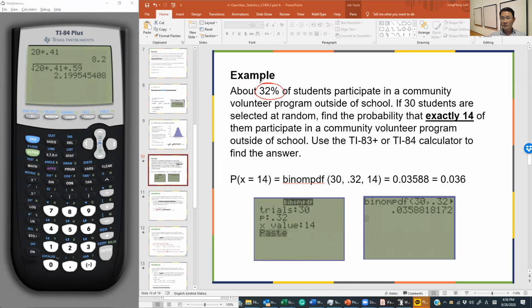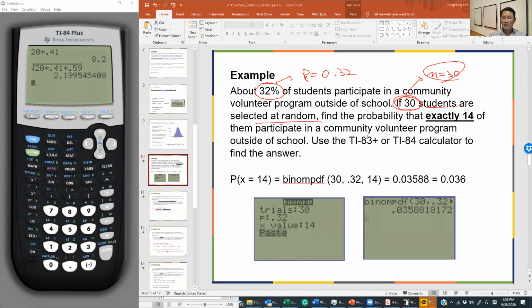32% of students participate in the outside volunteer program. That means P is going to be 0.32. If 30 students are selected at random, that means N is going to be 30.